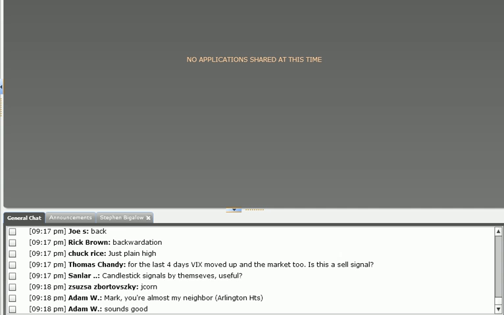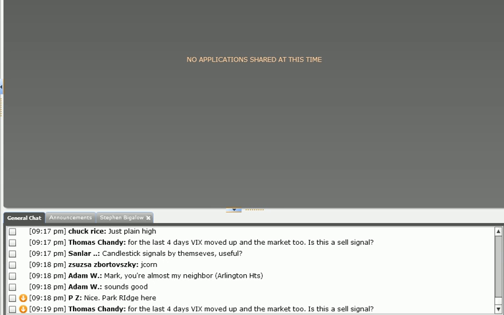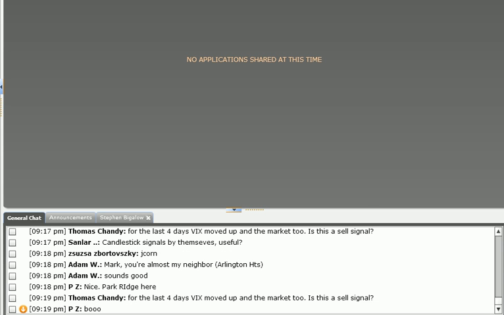So CBOE as well, if you're interested in seeing the CBOE. I may end up moving to Park Ridge. Hillary Clinton is from Park Ridge. My neighbor was actually from Park Ridge, growing up in Hinsdale.